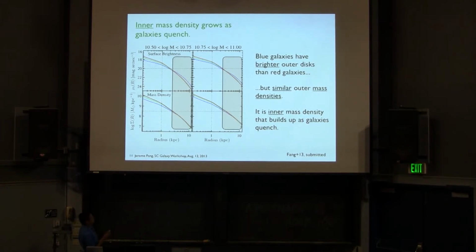But when you look at the inner regions, you see that, in fact, yes, there is a genuine increase in the mass density for quenched galaxies. And so there's this difference here of about a factor of 2 or 3 in quenched galaxies compared to star-forming galaxies, which is really trying to suggest that something with the inner regions of the bulge is really what's kicking off quenching in this case. That's the important thing.